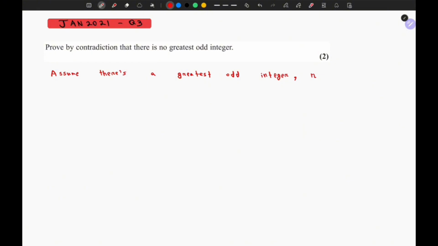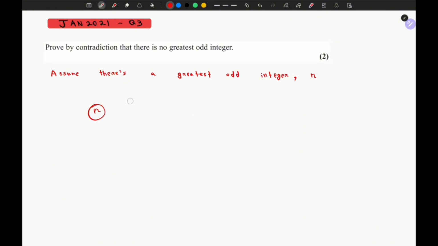Now, if I look at it like a series, let's say n is an odd integer, the next one will be n plus 1, which will be an even integer. And the next value will be an odd integer, which is n plus 2. Now, as you can see, if you add 2 to n, you'll get the next odd integer.